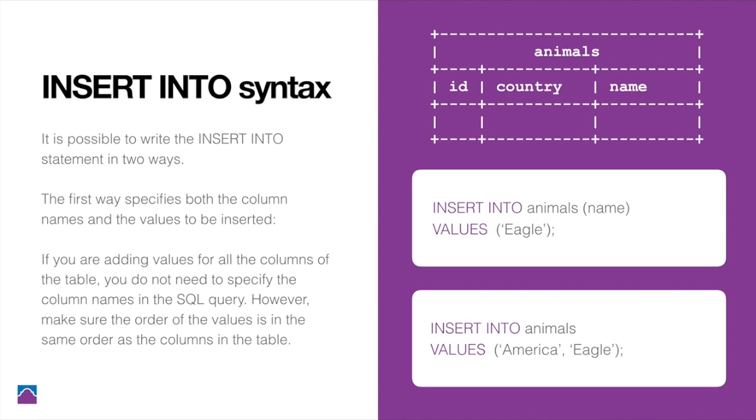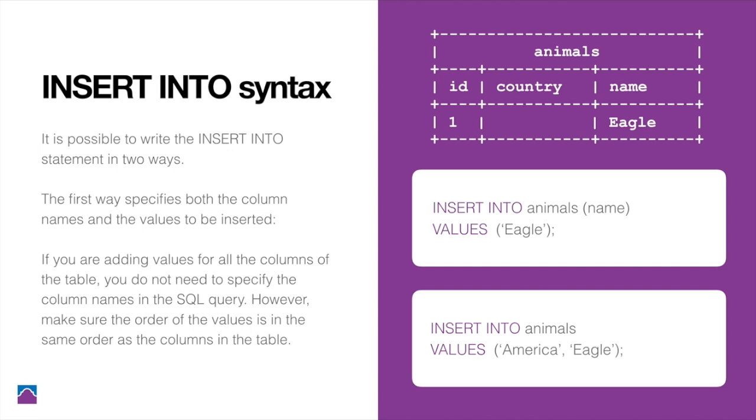If I run that, you would see a row in the database. If my ID is automatically set up to be auto increment, and it's a primary key, you would see country being blank because I didn't set a value for it, and it knew to put eagle in the name field because I specified where it was.